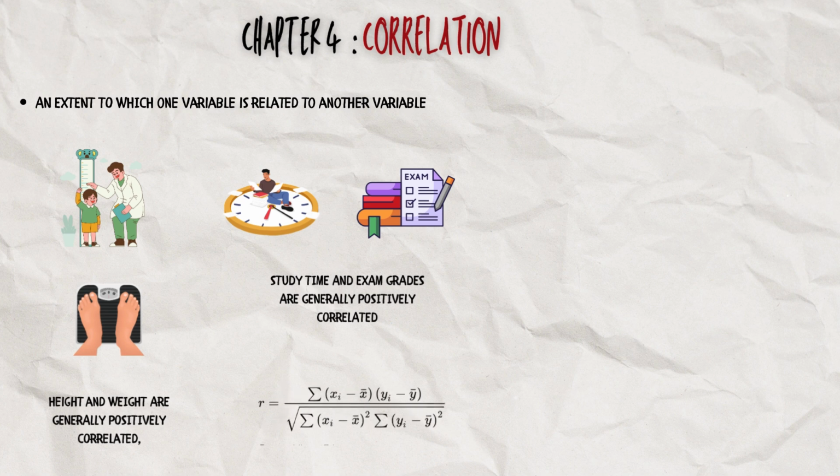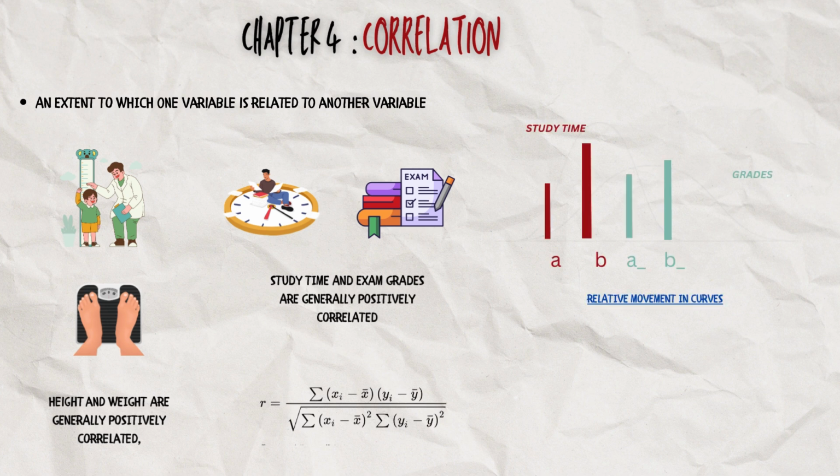Now, the mathematical way to calculate correlation looks something like this, but fear not. What we are actually doing here is taking the normal distribution graph of two variables, in this instance, say study time and grades, and looking at the directional movement in the other graph with respect to the change in direction in the first graph.